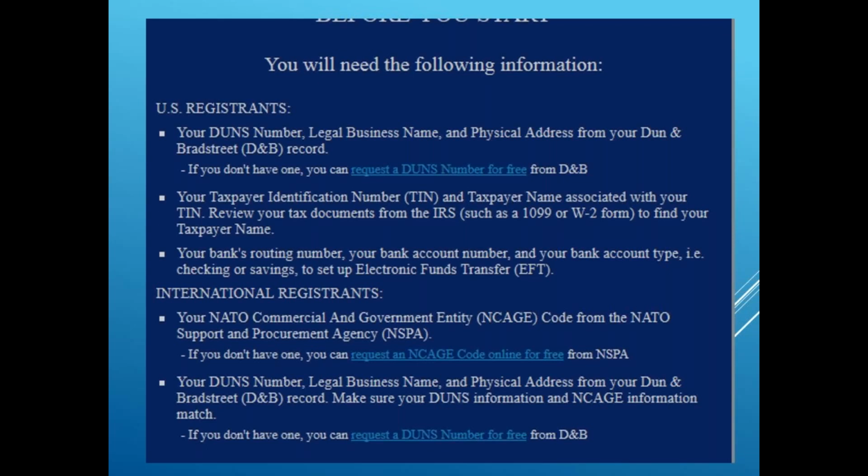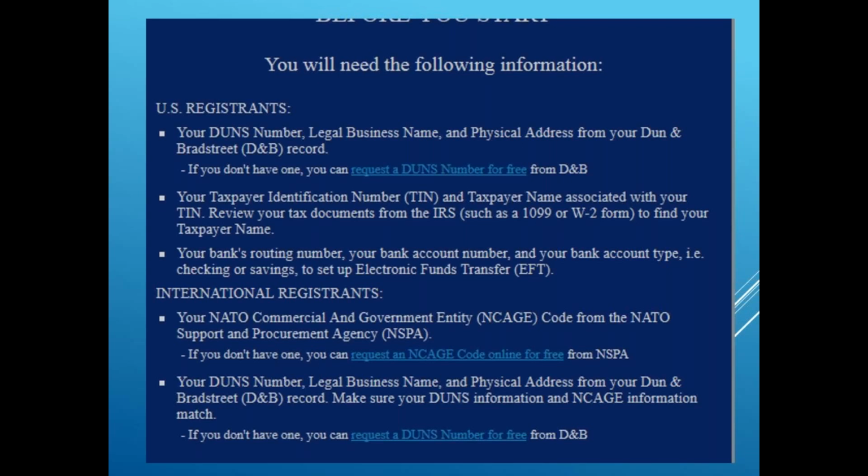If you're an incorporated business or a partnership, you likely have a separate TIN, which is a taxpayer identification number that's not associated with a social security number. You can take a look at your IRS forms, your 1099 or your W-2, to see what the taxpayer name and numerical code is.